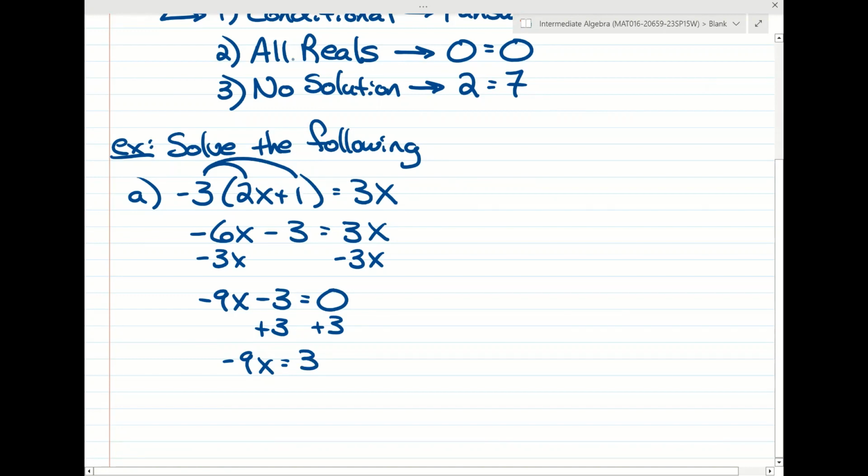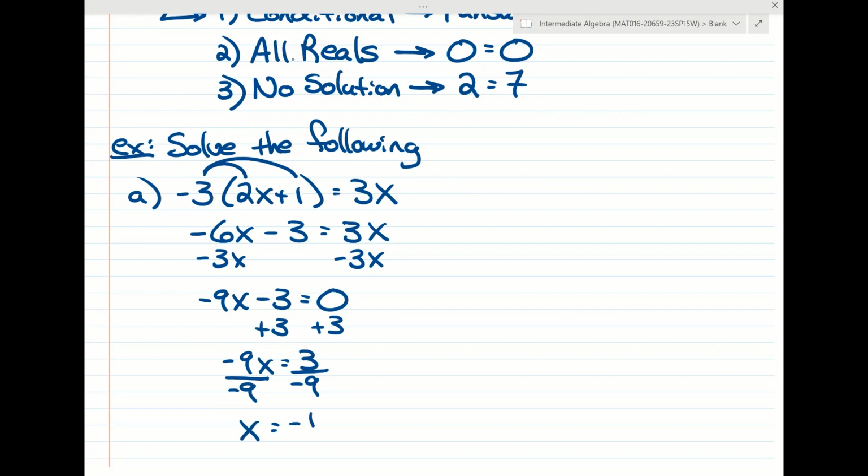And then we just want to get x by itself. So we're multiplying by -9. The inverse of multiplying is to divide by -9. And then we could just simplify. So x would be -1/3.